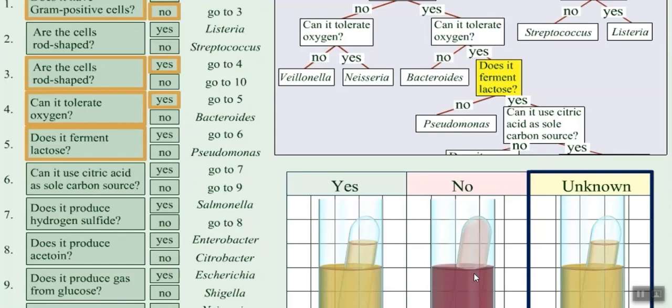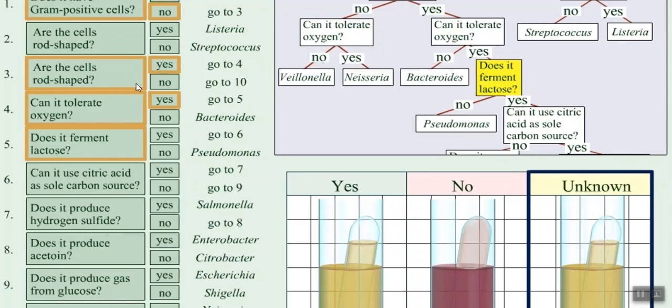For this dichotomous key, how many questions are needed to determine that the unknown is Bacteroides? Well, there were only 3. The first question was, does it have gram-positive cells? No. Since it didn't have gram-positive cells, we could go over to the other side, and the next question is, are they rod-shaped?